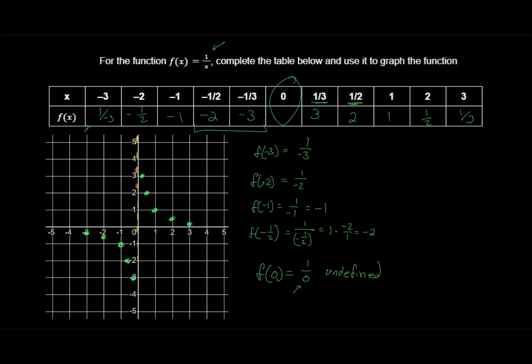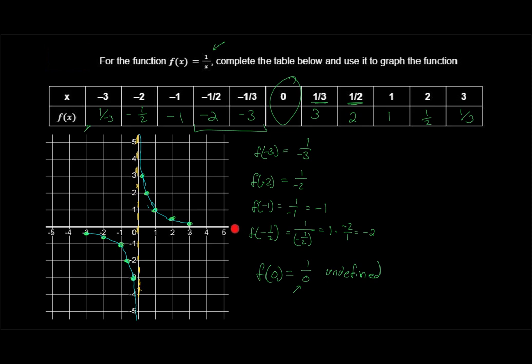As we go down towards negative infinity on the y-axis, the graph gets closer and closer to that vertical asymptote, but it's never actually going to reach the x value of 0. And similarly, on the other side, it's going to be really close to the y-axis, but not actually touching it, and then it's going to curve away.